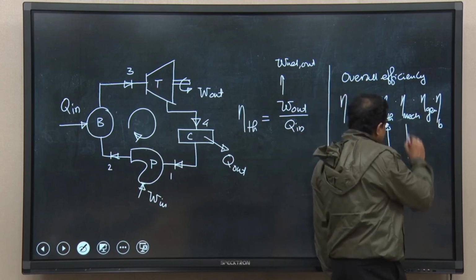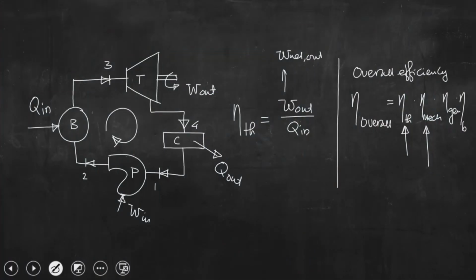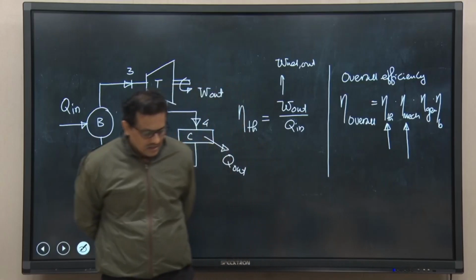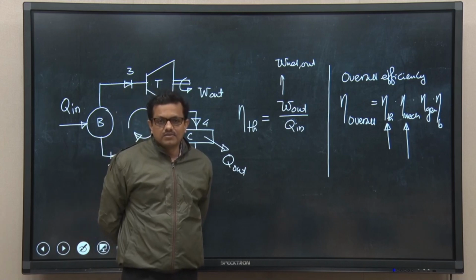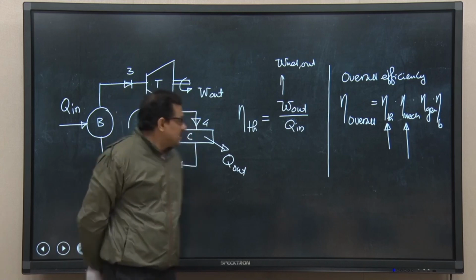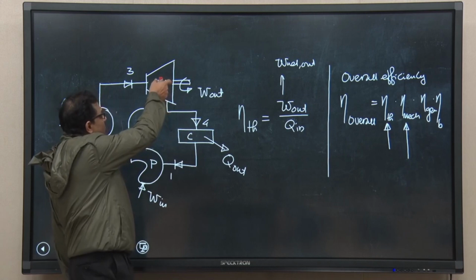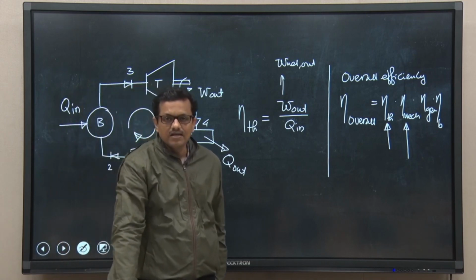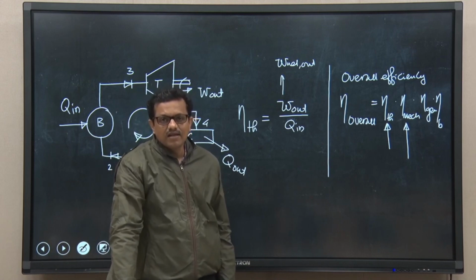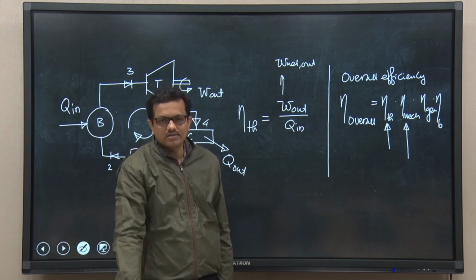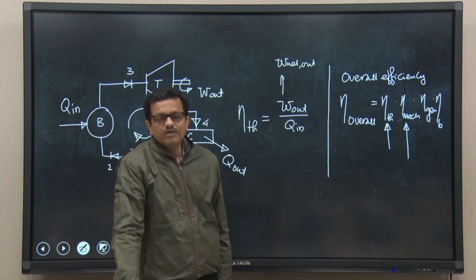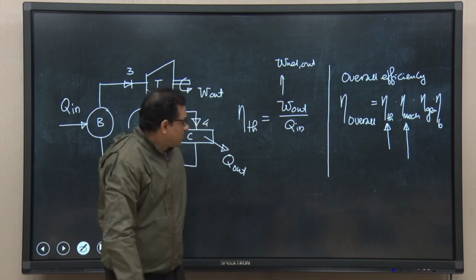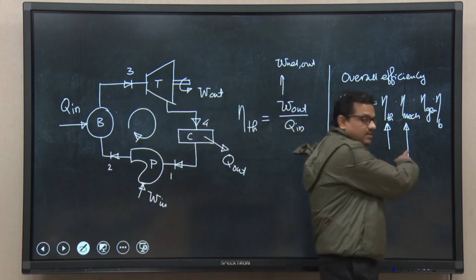What about this mechanical efficiency? This is also another important efficiency. Perhaps you have studied in the context of pumps. So, you know that the energy which is being developed inside the turbine is not available at the shaft of the turbine. So, some mechanical losses are there. Accounting for these mechanical losses, we also need to define one efficiency, that is mechanical efficiency.